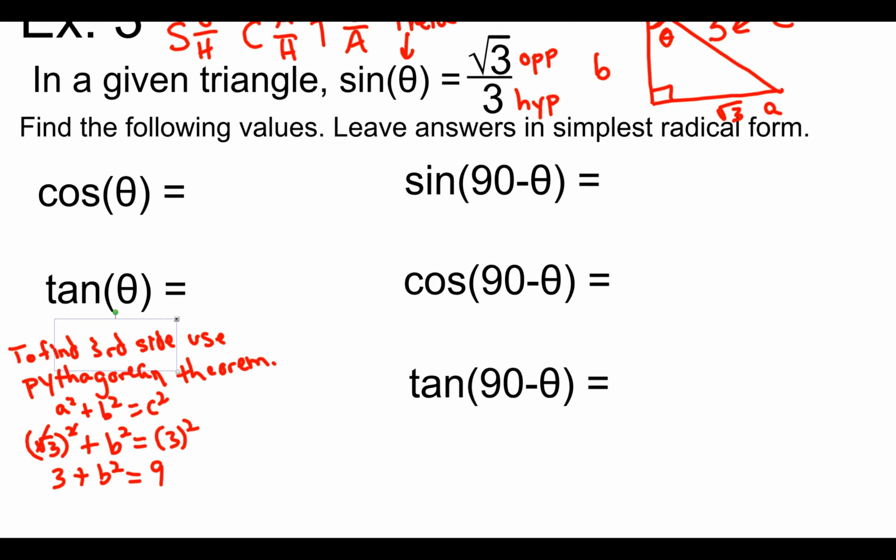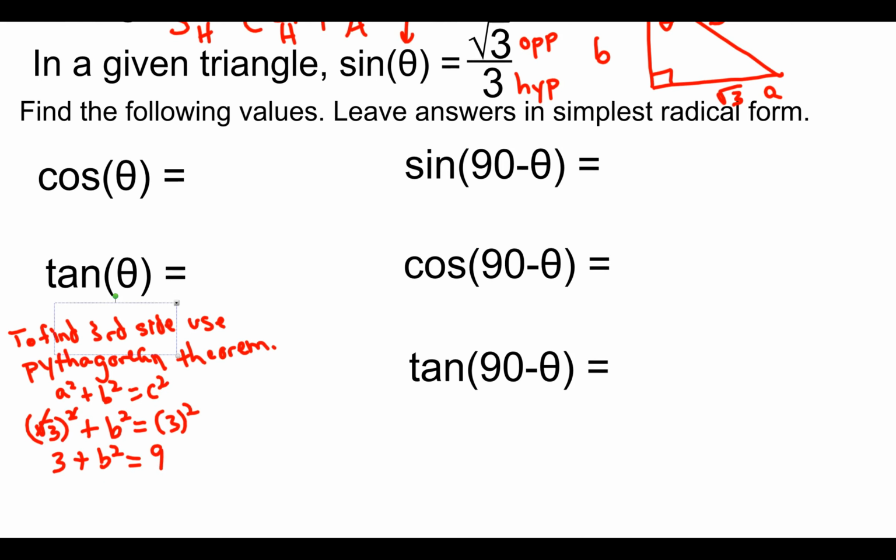So now we got to continue solving for b here. So solving for b, we got to get b by itself, so we got to get rid of that 3. So to get rid of that 3, we're going to subtract it from both sides. Cancels out there. We're left with b squared is equal to 9 minus 3, or 6. And then finally, to get rid of that square, remember you take the square root of both sides.